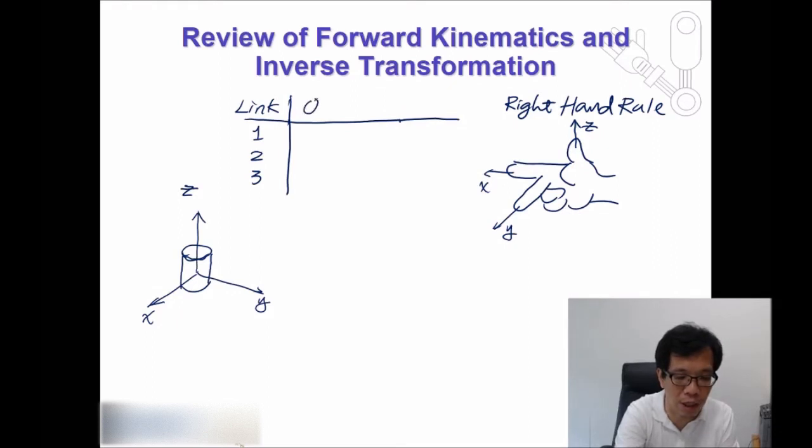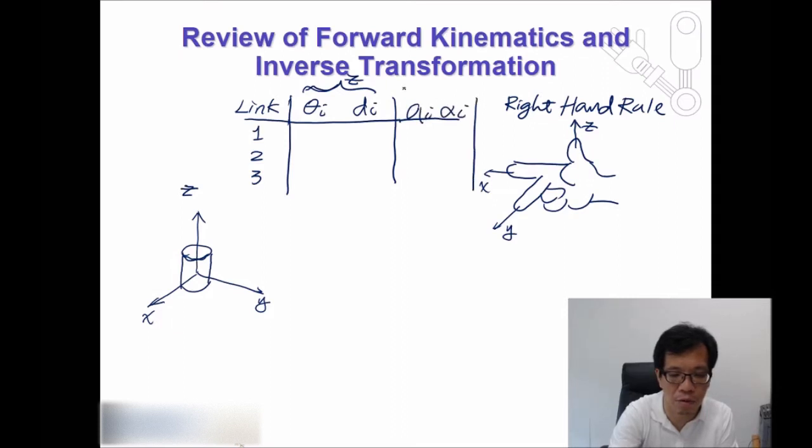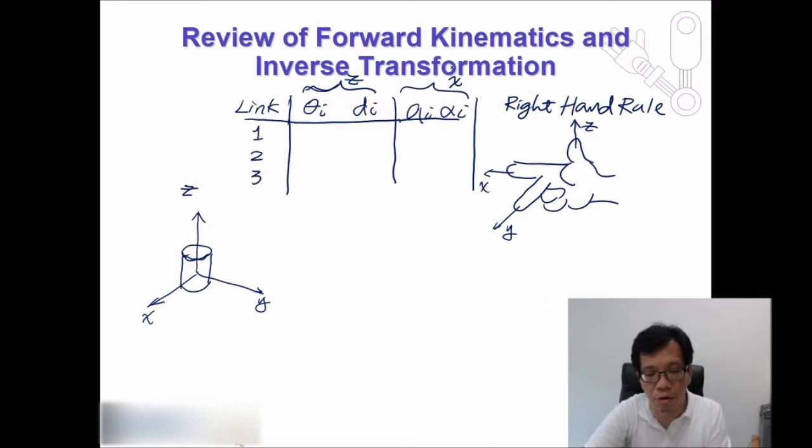The first ones are theta_i and d_i. Those two are related to the z direction, and we also have a_i and alpha_i. Those two correspond to the x direction. Those are something you need to remember all the time.